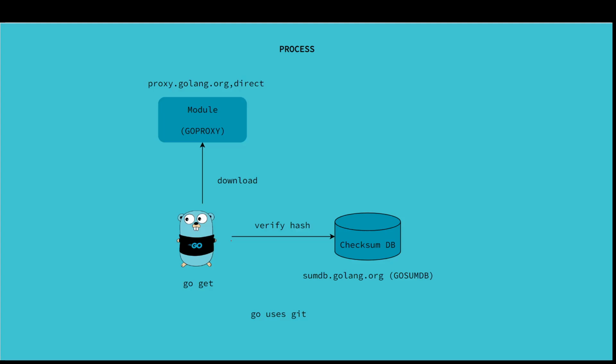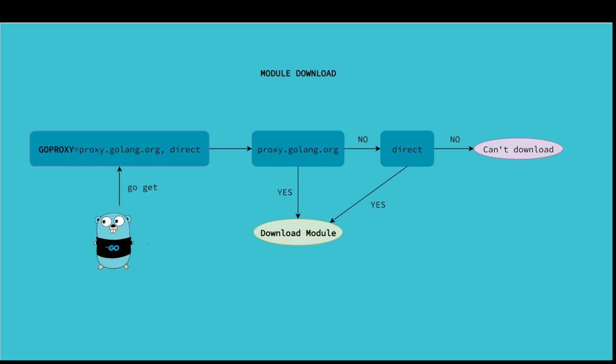So let's look at the first step, which is downloading a module. When you do go get module name, first it downloads the module. If you see on the screen, when you do a go get, it looks at the go proxy environment variable. By default, it's set to the value shown on your screen.